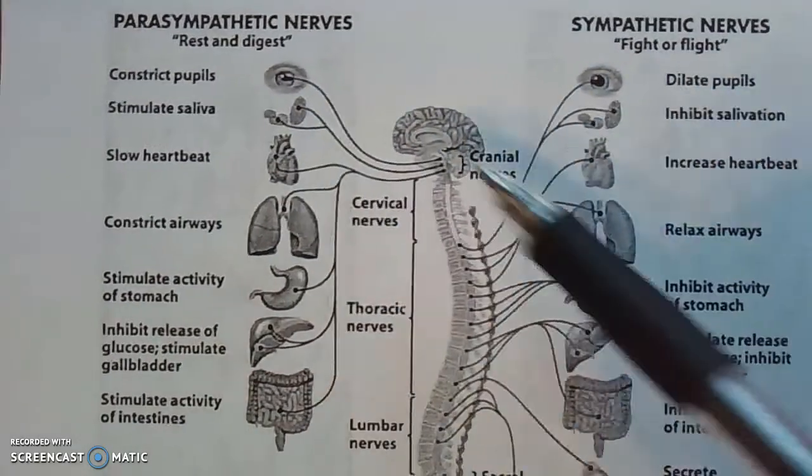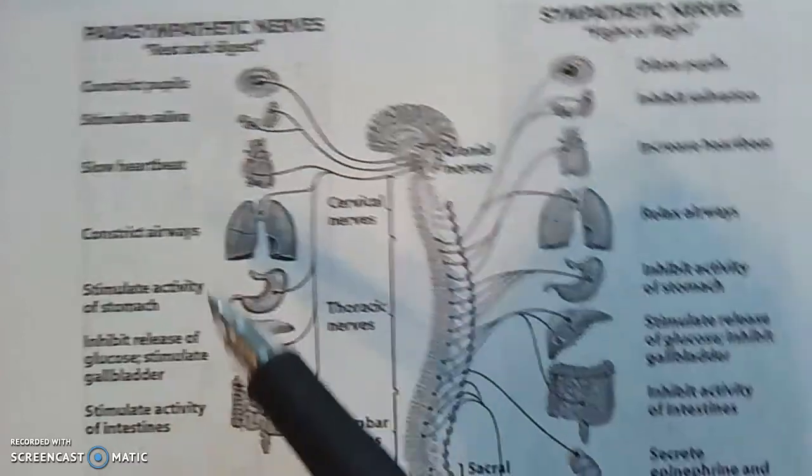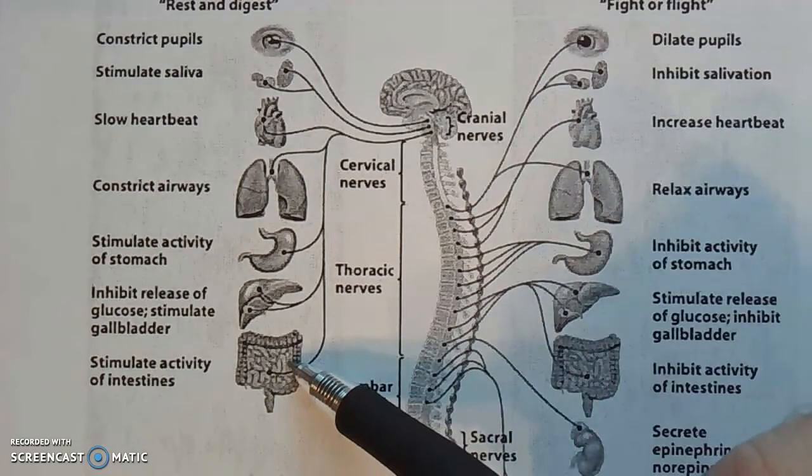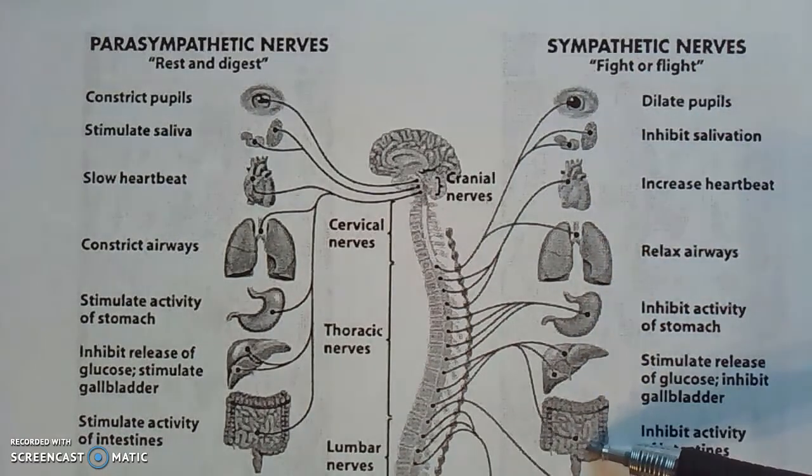Parasympathetic does things for resting. So it stimulates the intestines. Most of the time, we do most of our digestion when we are in a relaxed state because it uses a lot of energy to digest food. If we need that energy to do other things, we're going to stimulate the sympathetic pathways.